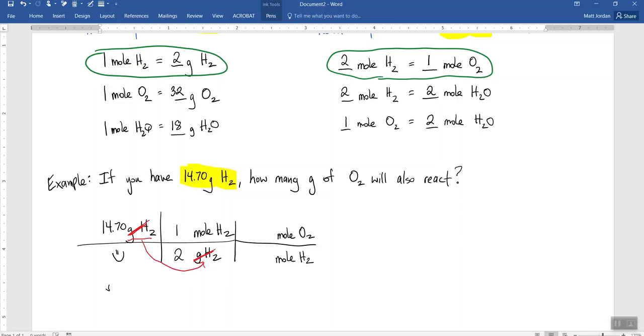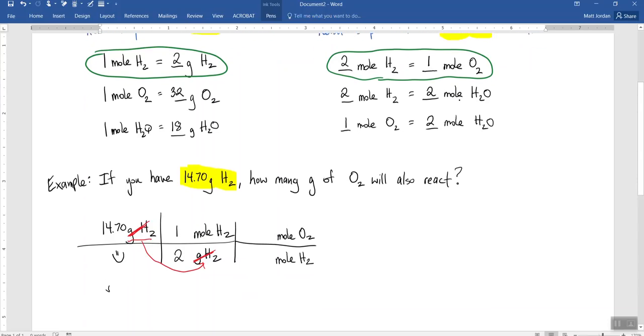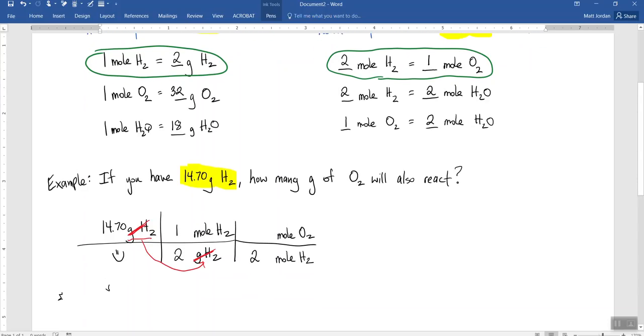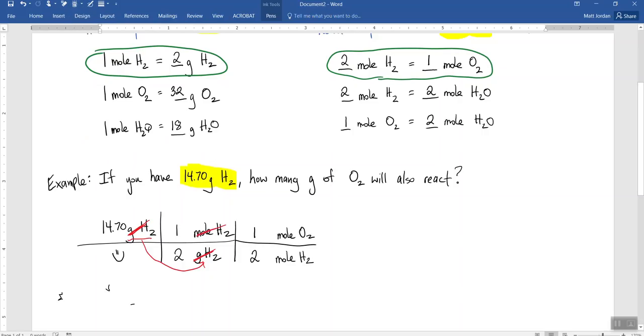We put the numerical values from the equality in here: 2 moles of H2 will react with 1 mole of O2. Of course, the units will cancel. Moles of H2 will cancel with moles of H2, and we're left with moles of O2.